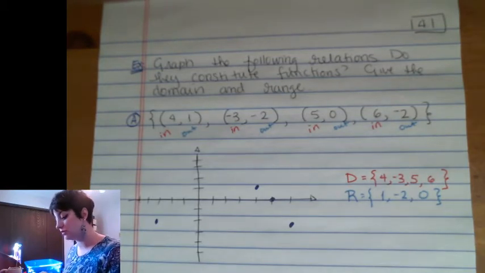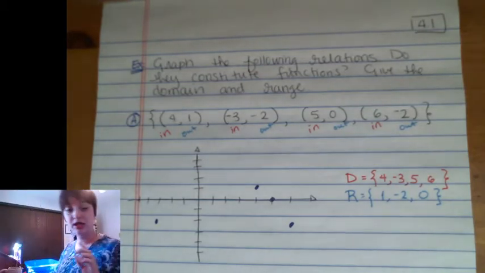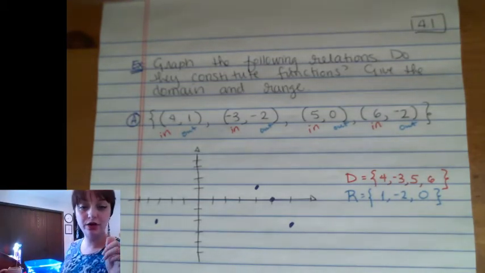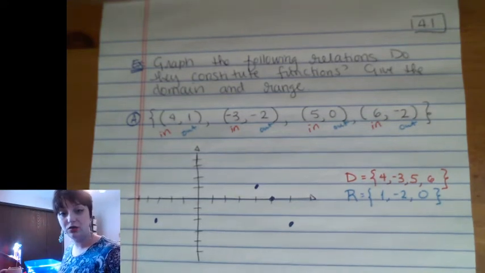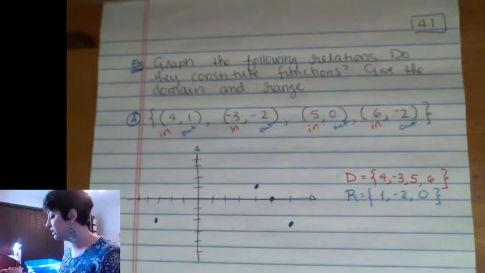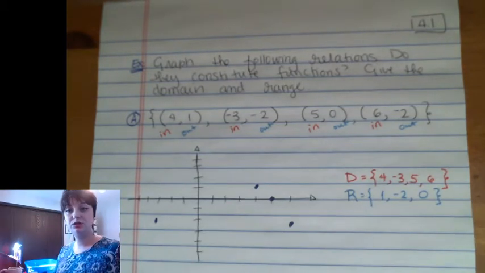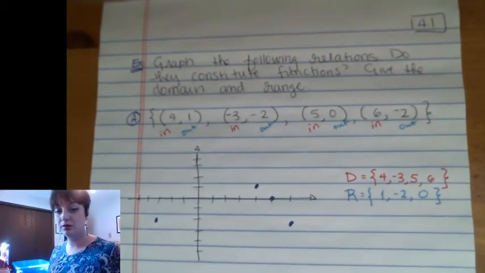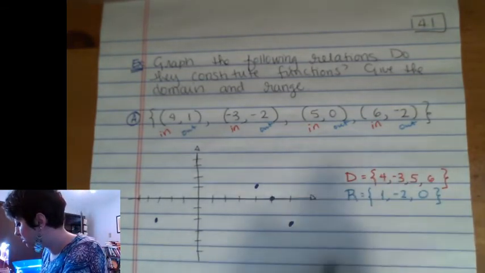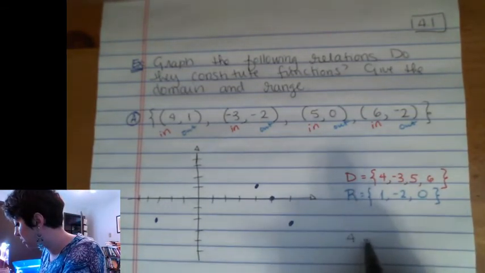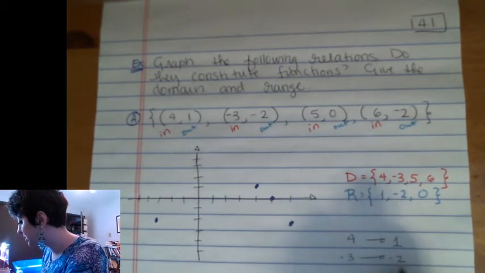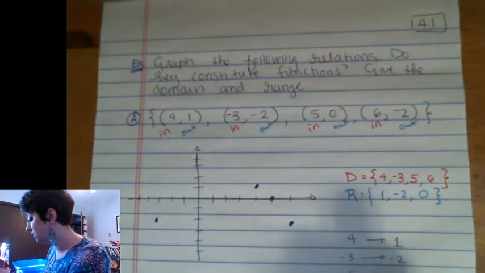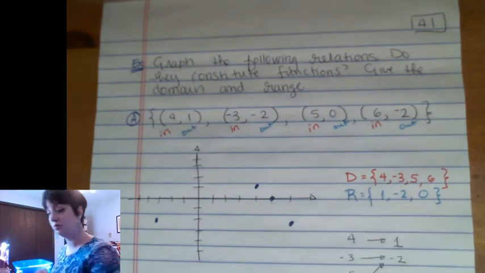Does it constitute a function? So function is one output for every input. So one way that you can sort of visualize it is you can write things in columns. So let me do that. So if I had 4 maps to 1, -3 maps to -2, 5 maps to 0, and 6 also maps to -2.